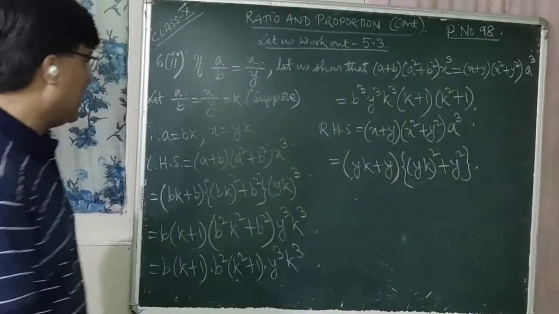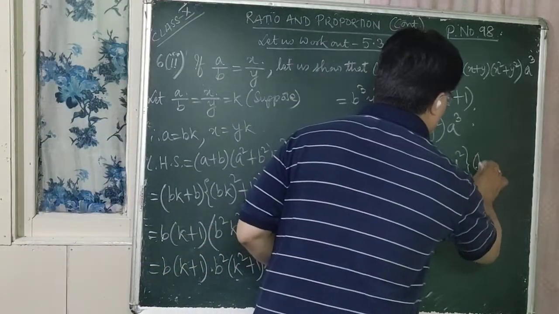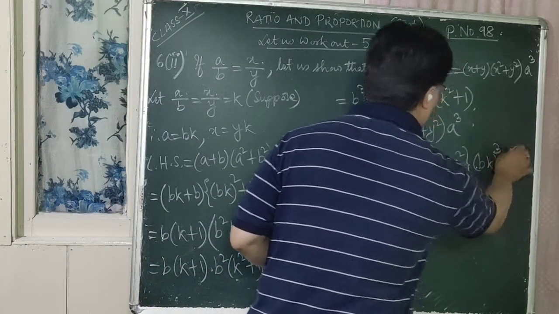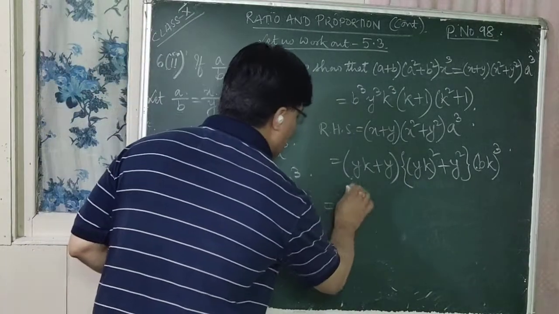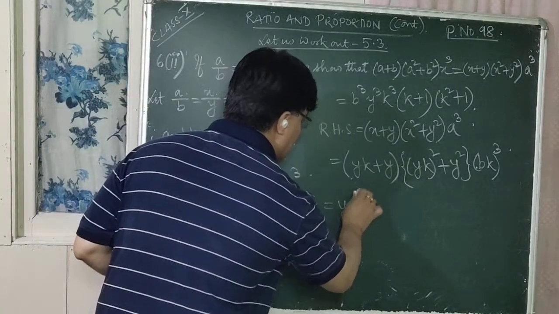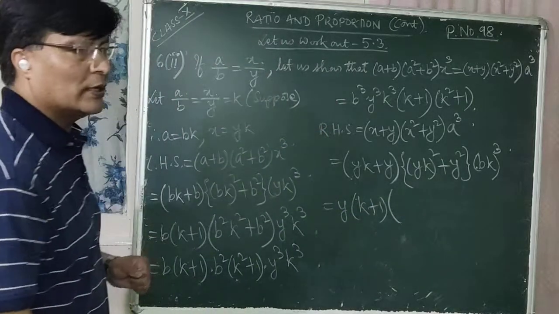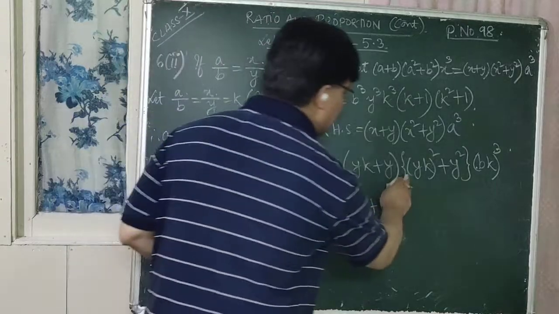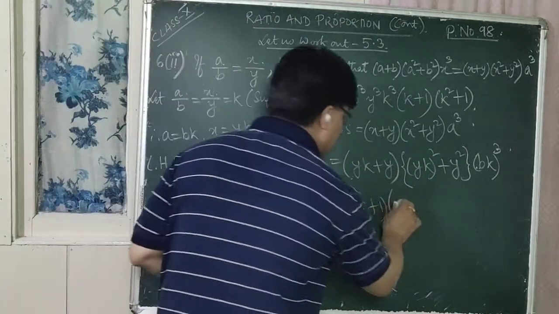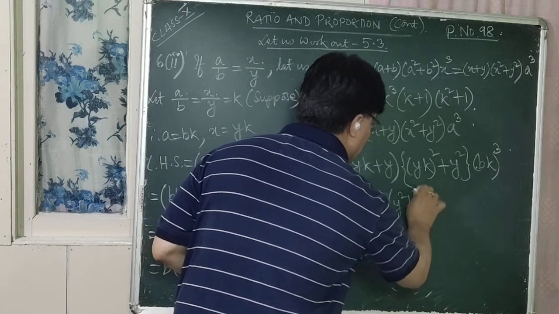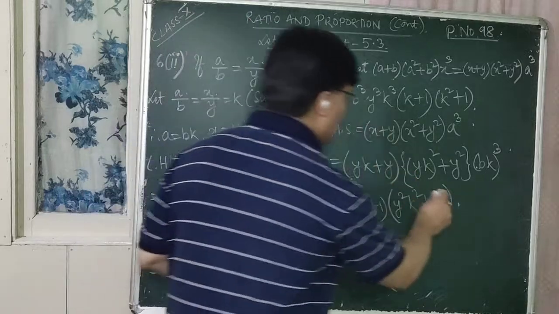into, what is the value for a here? It is bk, that is bk whole cube. Okay, so it is bk whole cube. Is it clear to all of you? So now what is common from the first factor? y is common within bracket k plus 1. So again within first bracket, what is yk whole square? That square is for both y as well as k. That is y square k square plus y square into what is bk whole cube?